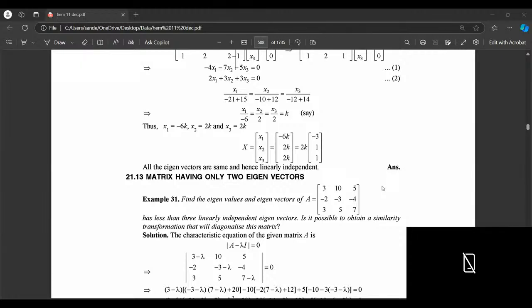This is applicable for both non-symmetric matrix with different roots as well as symmetric matrix with different roots. The procedure is the same. In case of non-symmetric matrix with repeated roots, one student has asked how to decide the values of k1 and k2.